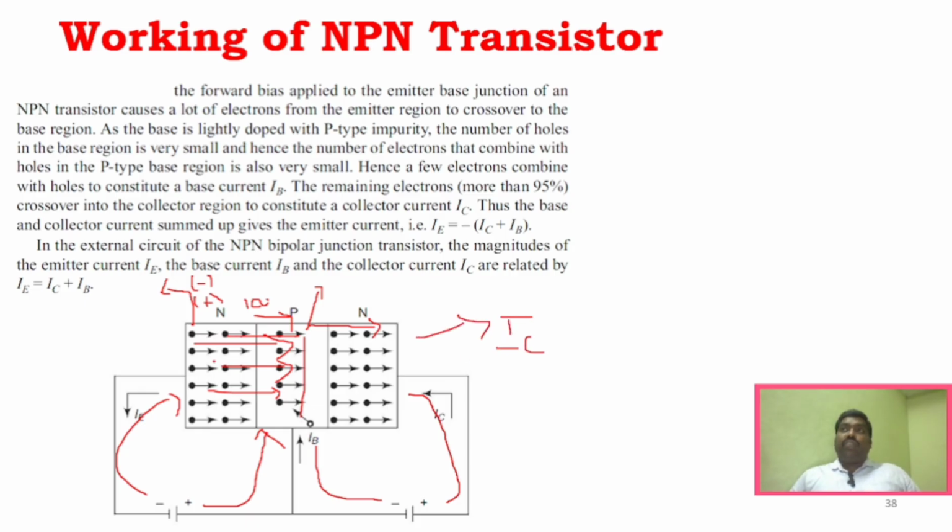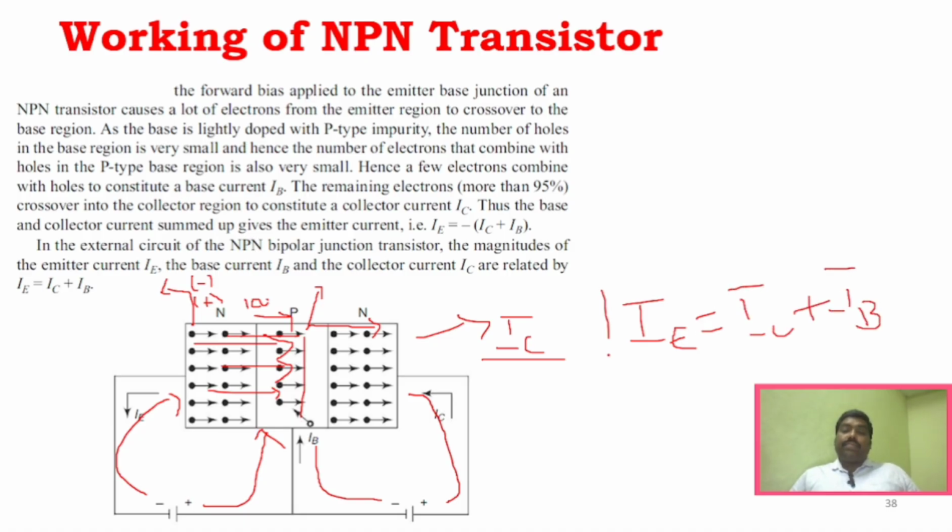The electrons flowing from emitter to collector constitute the collector current.